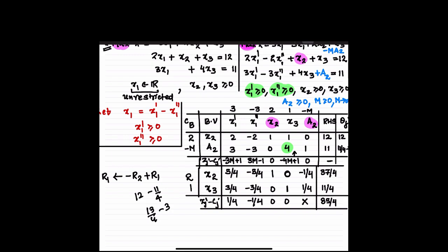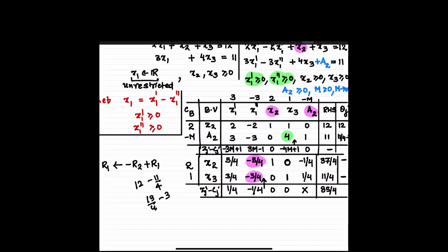Now still for a maximization, you have a negative Zj minus Cj. So this would enter. So what variable leaves? Now there is a problem. In the entering column, there is minus 5 by 4. There is minus 3 by 4. That means this ratio will not be taken and this ratio will not be taken.